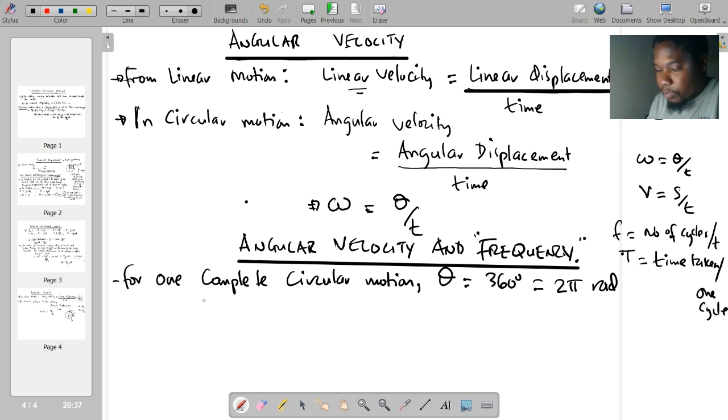So if we have one complete circular motion, the time taken to complete that will be the period. At that point, the time will no longer be mere time, it will be the time period. That is very important. The time taken for one complete circular motion. So if for one complete circular motion the angular displacement is 2 pi radians, the time will be equal to the period. Capital T is periodic time.